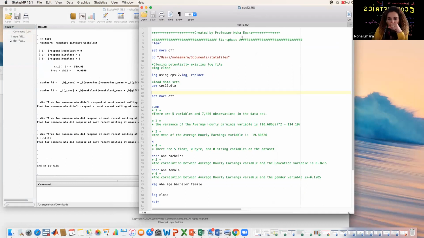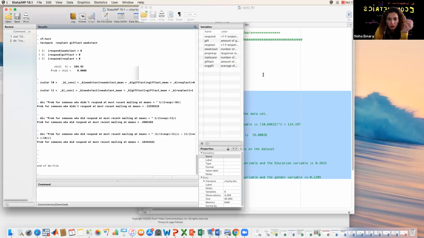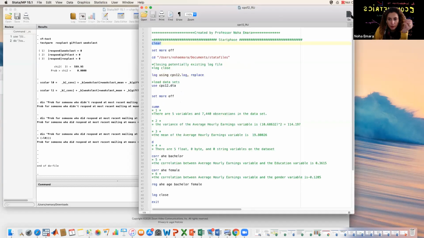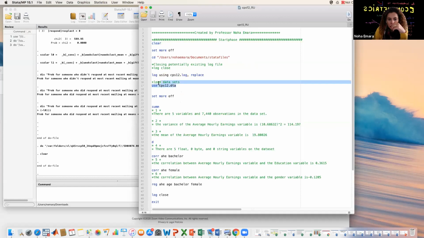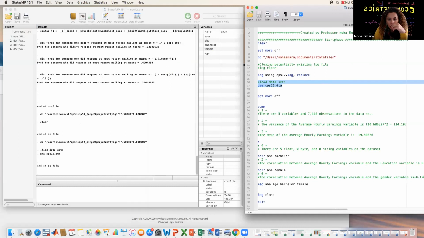So suppose I have the Current Population Survey data set, which we had used before. But suppose that now I want to estimate a model, right? I want to do a regression. So let's clear, and let's use the data set.